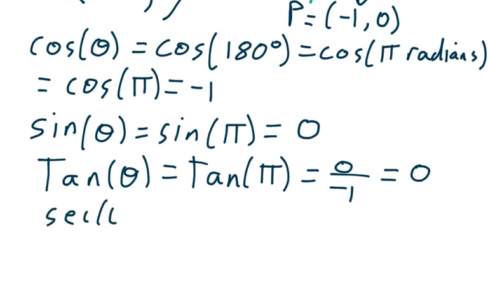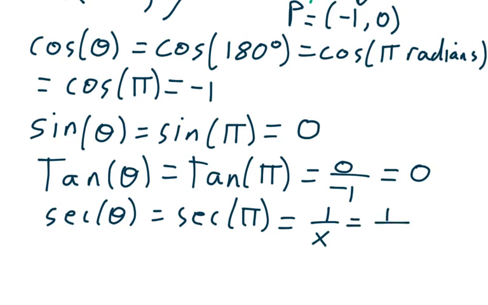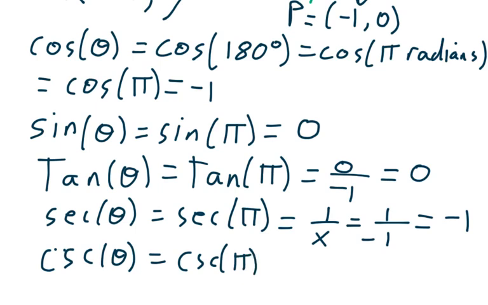Secant of theta, that's secant of pi. That's going to be 1 over x, which is 1 over -1, which is -1. Cosecant of theta, which is cosecant of pi, that's 1 over y, but y is 0 in this case, so this is not defined.